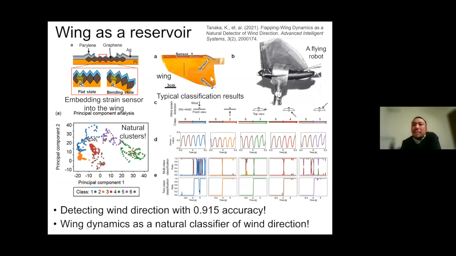We need to be careful not to damage the natural dynamics, so we need a flexible sensor. And we found that these wing dynamics can act as a natural classifier of the wind direction. As you know, this wing is not made as a wind direction detector, but it's just a wing to fly. So this also suggests the flexibility of this physical reservoir computing framework.